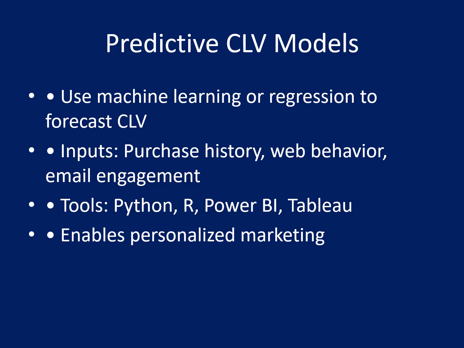This is especially useful for e-commerce and subscription-based businesses where customer behavior changes frequently. Tools like Python, R, even Tableau with R integration can be used for more accurate predictions.